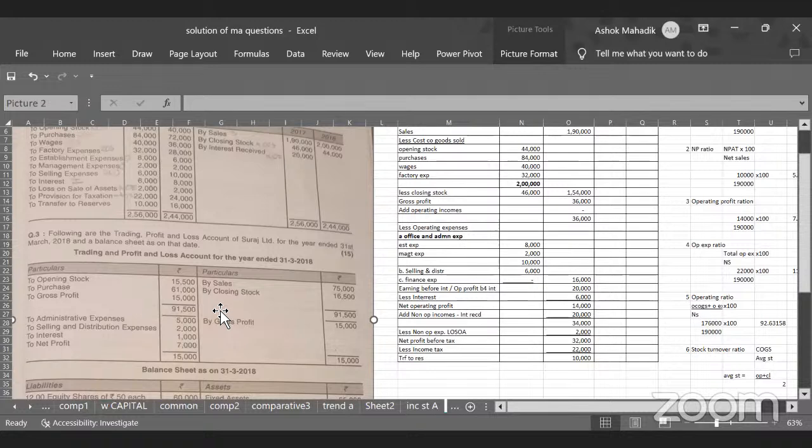Okay, if carriage inward is given, take carriage inward, factory expenses. Okay, minus closing stock, you will get COGS, right? Then sales minus COGS will give you gross profit. Okay, then continue in the same fashion as I did question number 2. Okay? And income statement ratios are very important to learn.